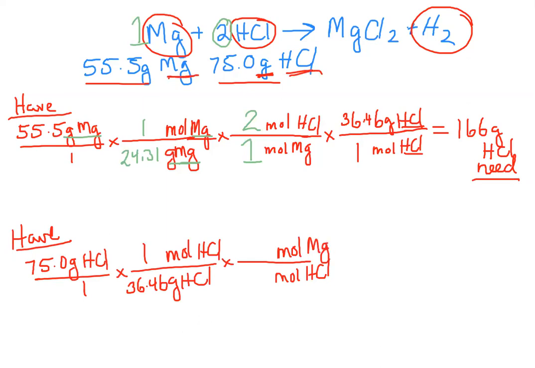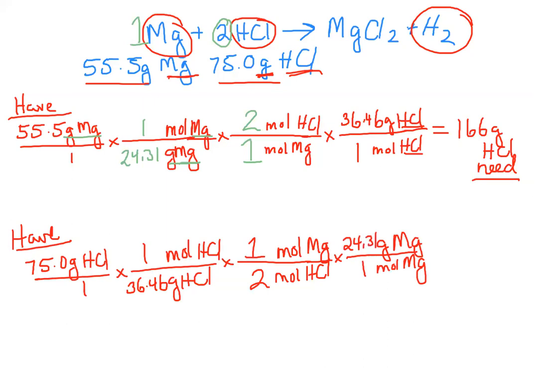Since these are both moles of different things, we use numbers from the balanced equation, which is a 1 and a 2. And then we have to change these moles to grams. So we're going to use this number from the periodic table, which is 24.31.